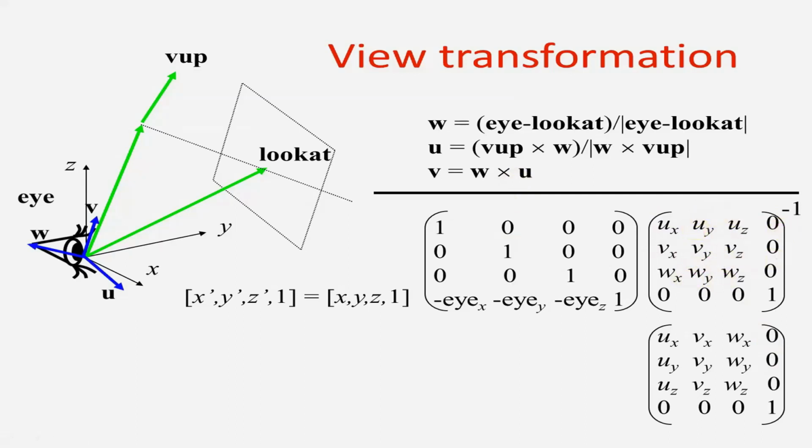As we need the inverse of the transformation, this matrix should be inverted, so we write a -1 here. Such matrices are orthonormal matrices, so they are easy to invert because their inverse is equal to their transpose.